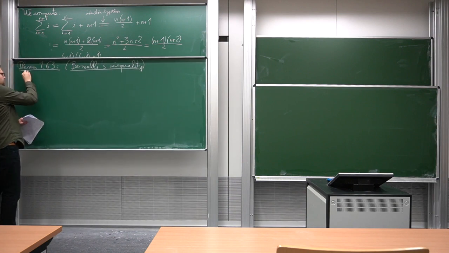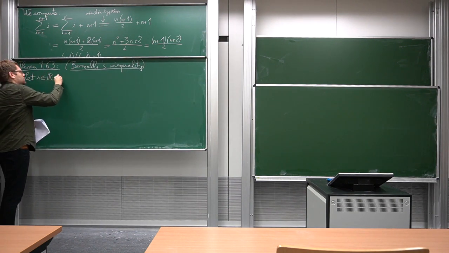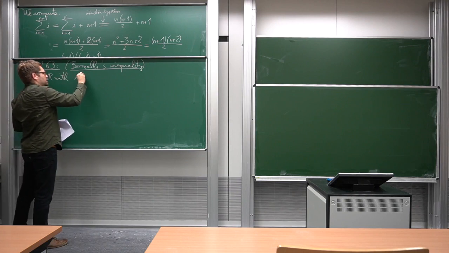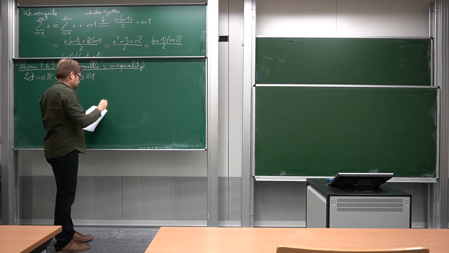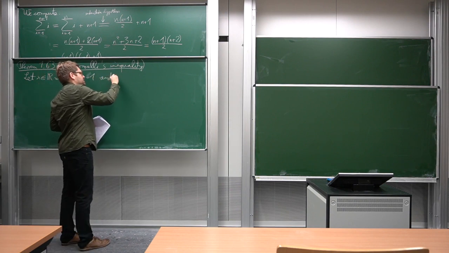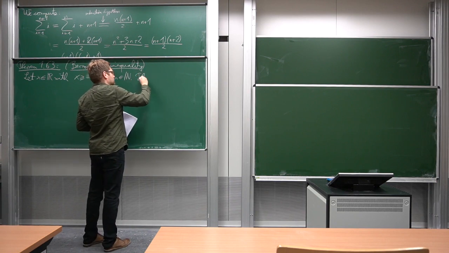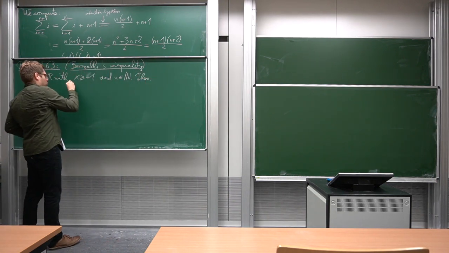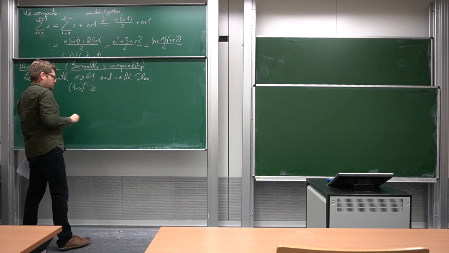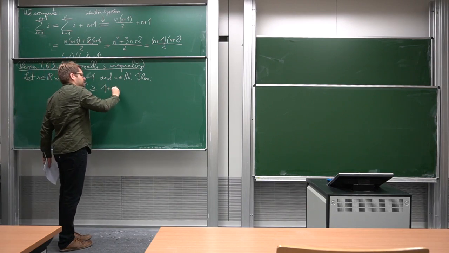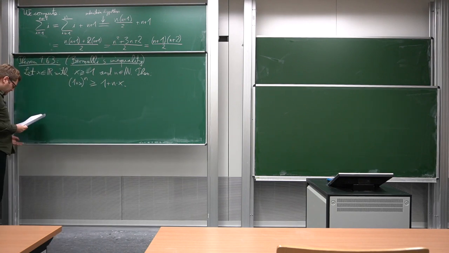Namely, we take some real number x, which is at least minus 1, and a natural number n. Then the following holds. 1 plus x to the power of n is bigger than or equal to 1 plus n times x. And this we will again show by induction.